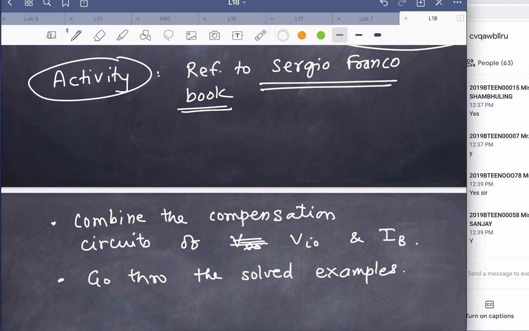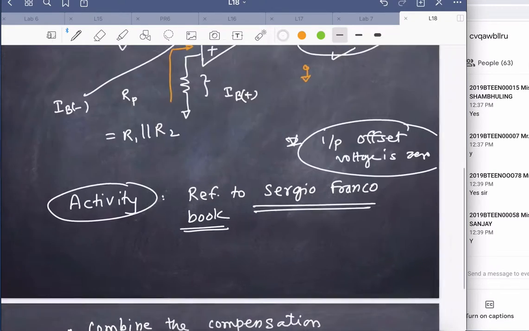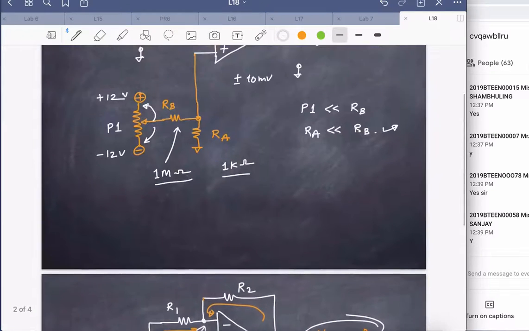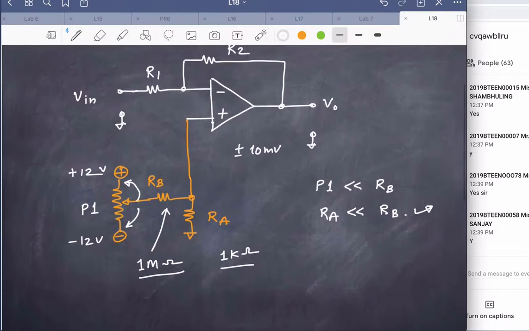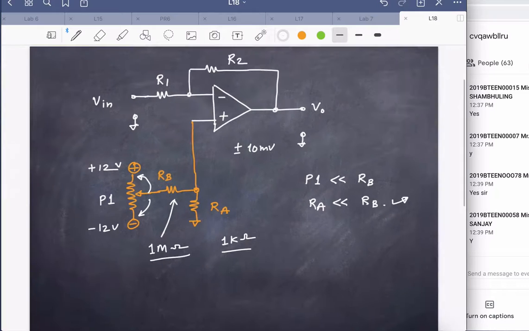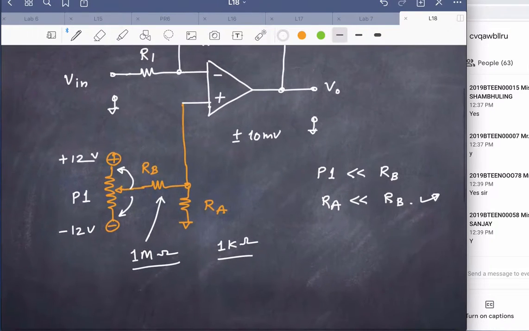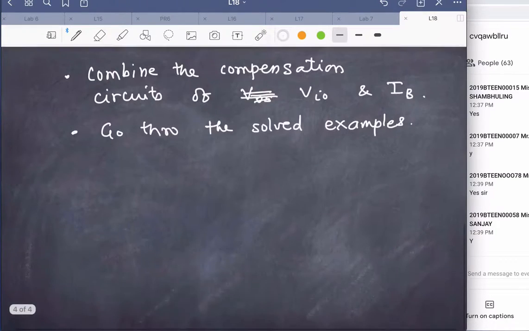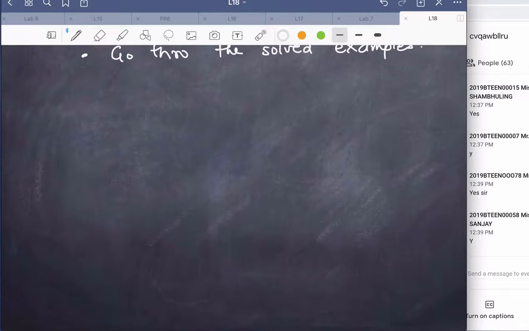So the imperfections can be corrected. Imperfections will be there, but they can be corrected. For this correction, this circuit has to be used. Okay. So please go through the respective pages in the book. Okay, fine.